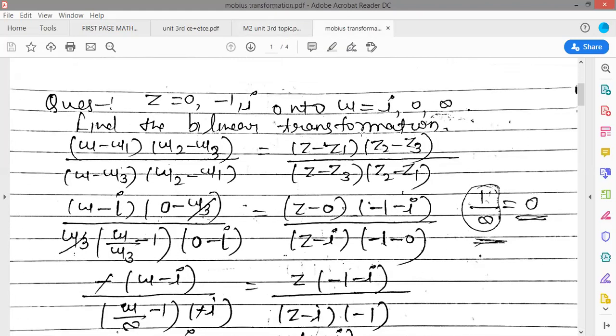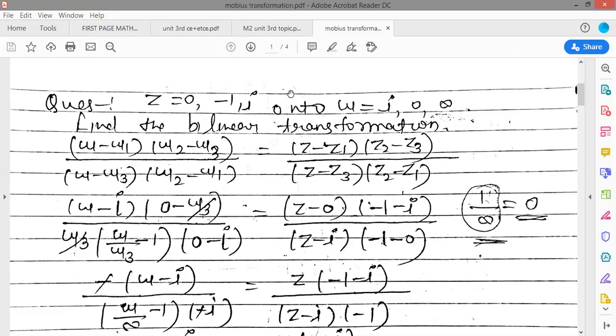This is another example here. Z is equal to 0, minus 1, i onto W is equal to i, 0, infinity. Just find the bilinear transformation or Mobius transformation. Put all the values here. Now look here, w3 is given as infinity. If you put the value of w3 here, then infinity upon infinity will be there.